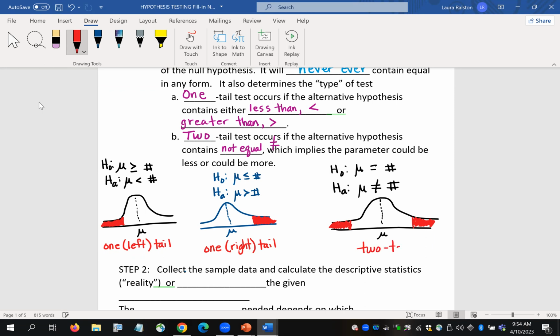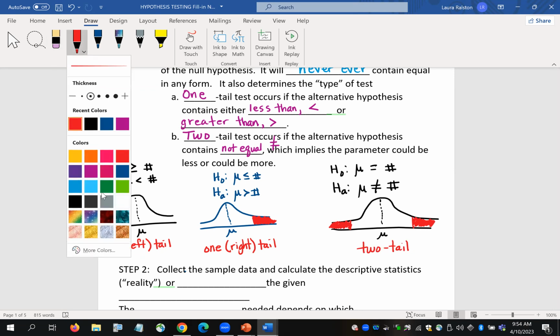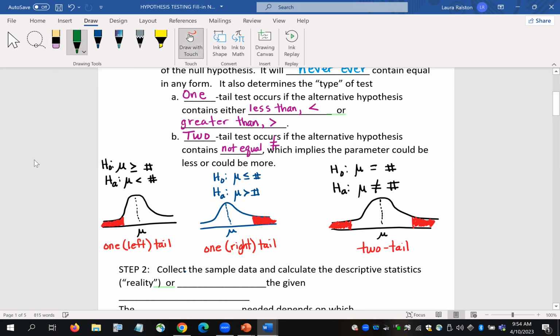Again, it's important that you're able to identify whether you have a one-tail or a two-tail because that affects the calculations of your test statistic. And again, we make that determination by looking at the symbol in the alternative hypothesis.